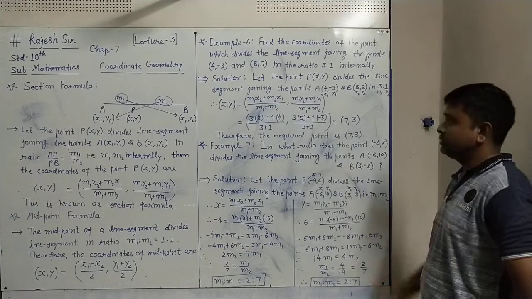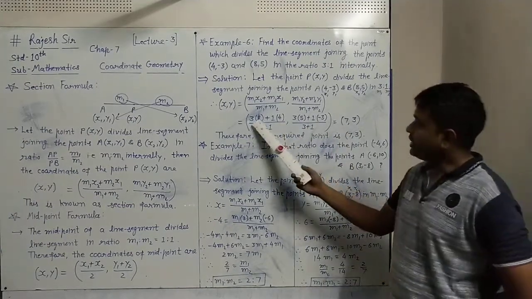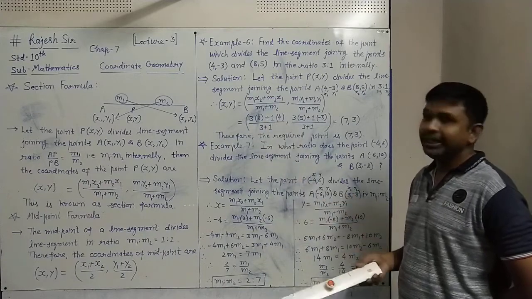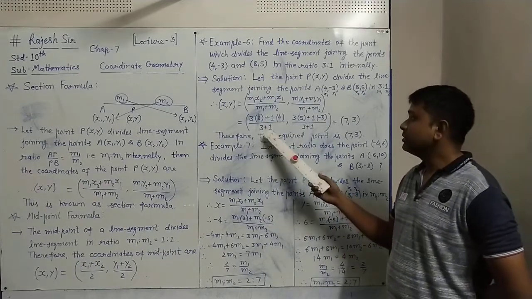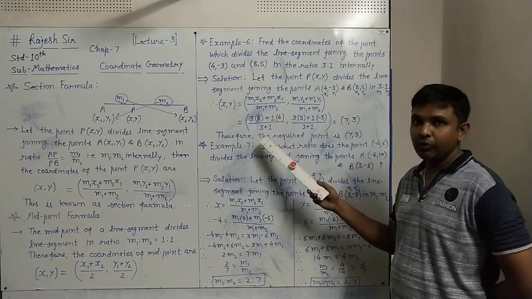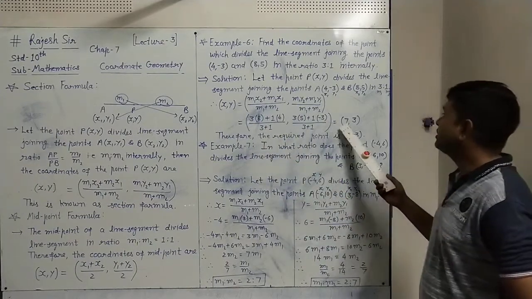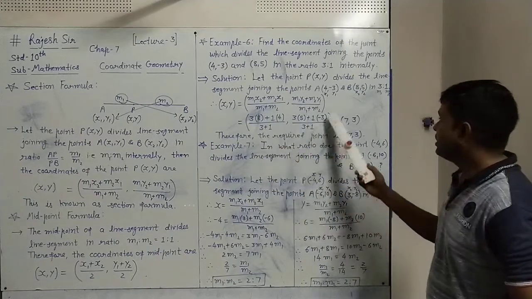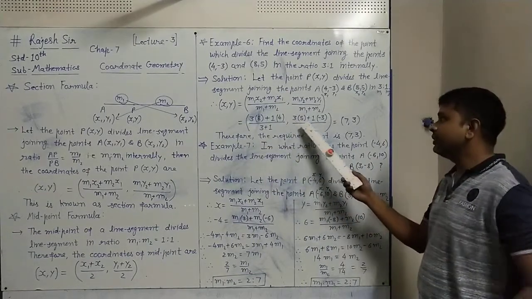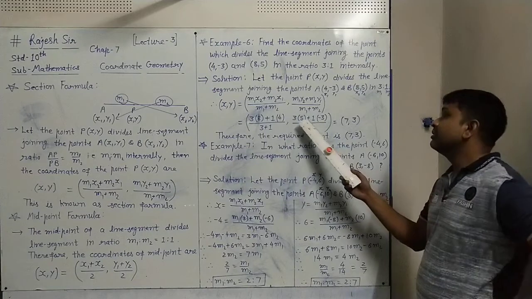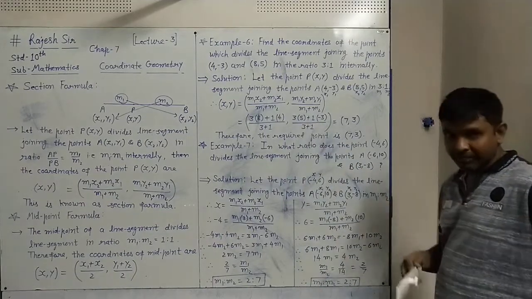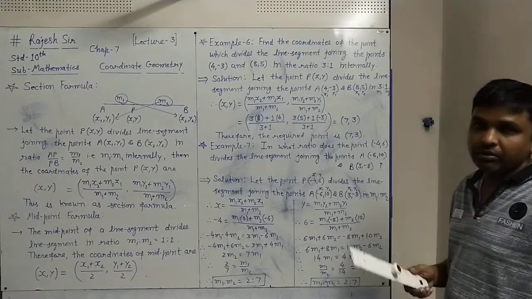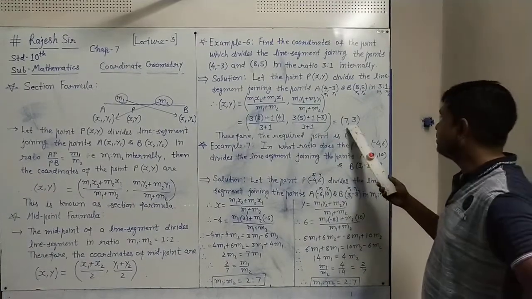3 plus 1. If you simplify this, 8 3s are 24 and 4 1s are 4. 24 and 4 is 28 upon 3 plus 1, 4. 28 upon 4, 4 7s are 28. So 7 will be the x coordinate. Similarly, for the y coordinate, 3 5s are 15 and minus 3 into 1 is minus 3. 15 minus 3 gives 12 upon 4. 12 upon 4, 4 3s are 12, so 3 will be the y coordinate.